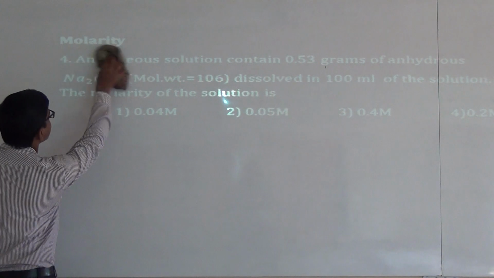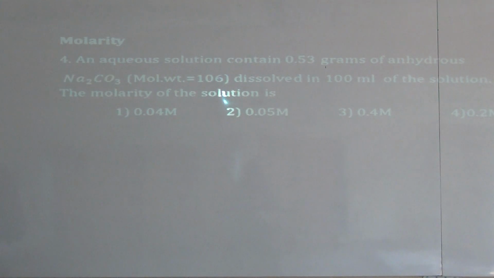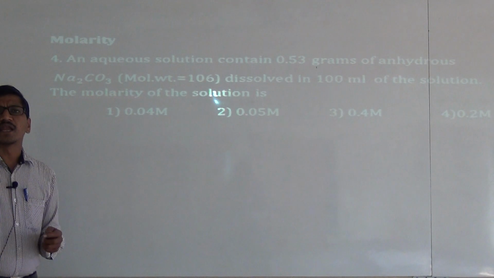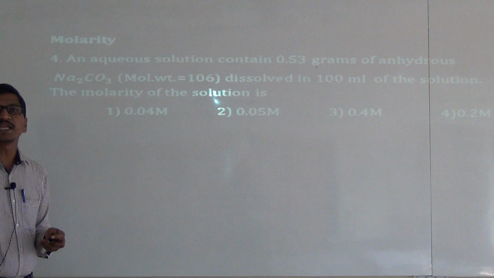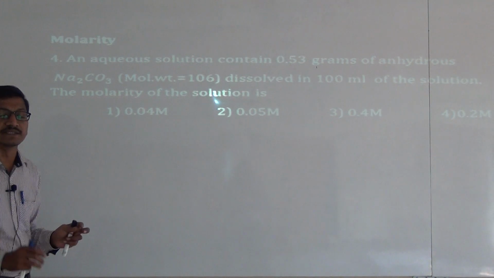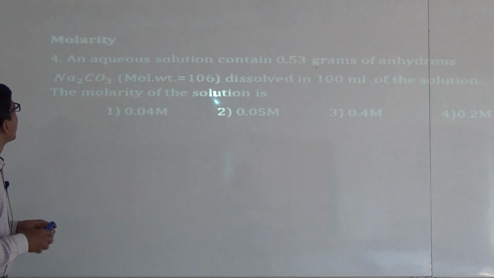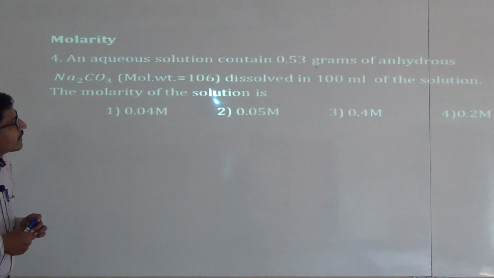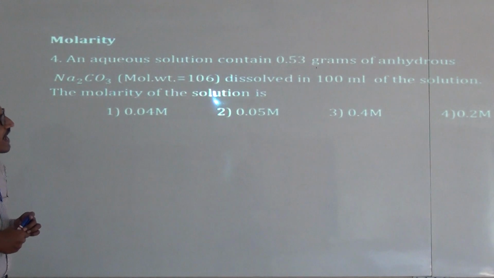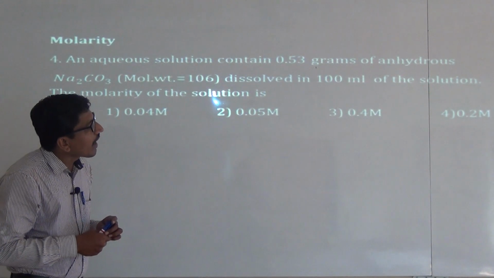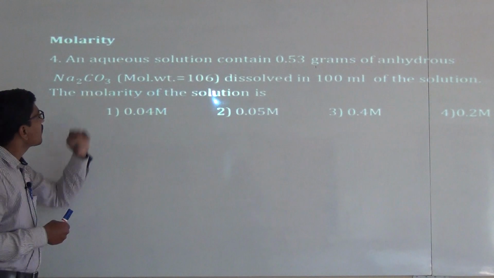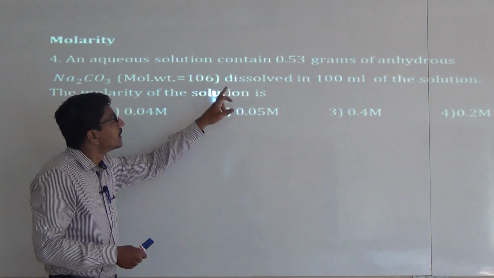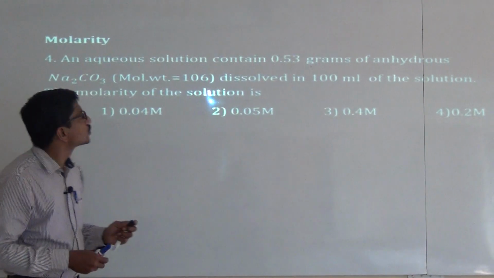Next are the questions based on molarity. Molarity is nothing but the number of moles of solute present in 1 liter of the solution. The fourth question is: an aqueous solution contains 0.53 grams of anhydrous sodium carbonate, its molecular weight is 106, dissolved in 100 ml of the solution.